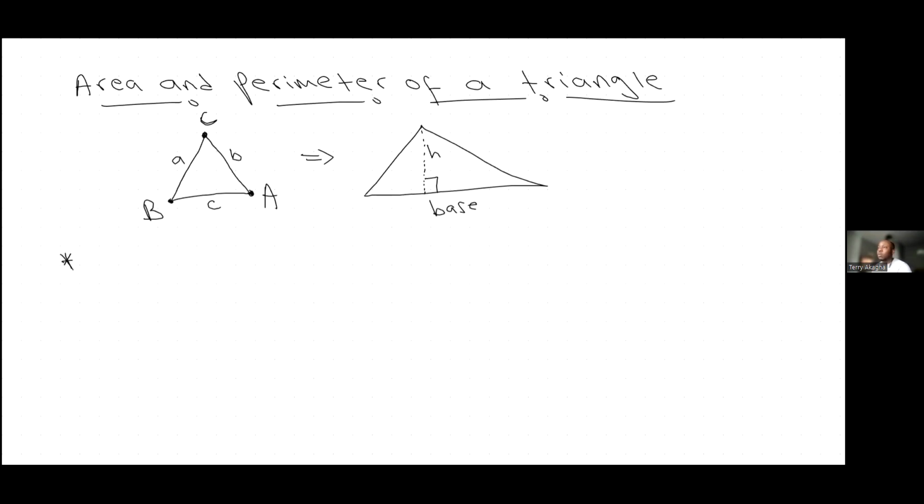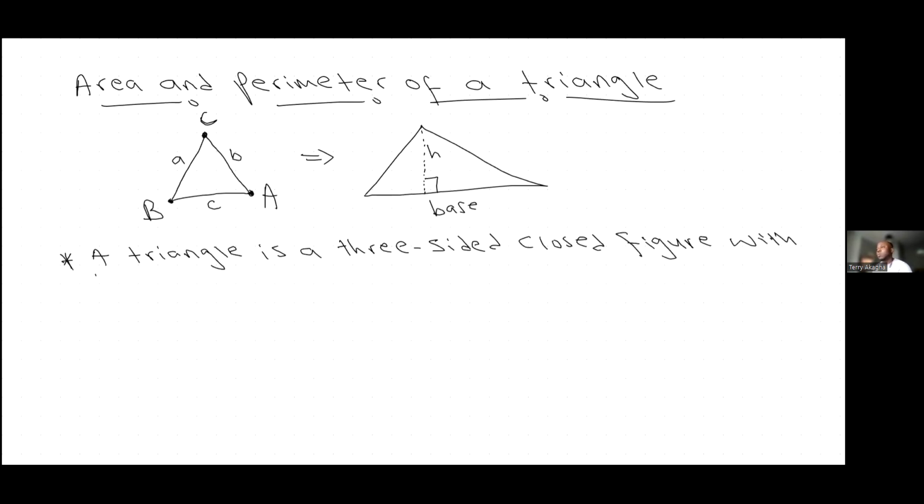So a triangle is a three-sided closed figure with three sides and three vertices.